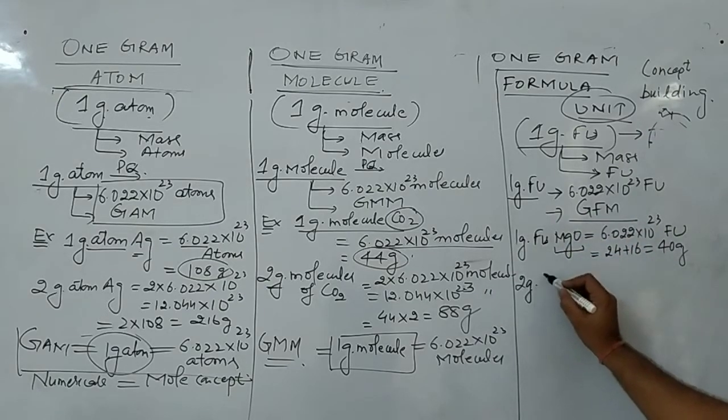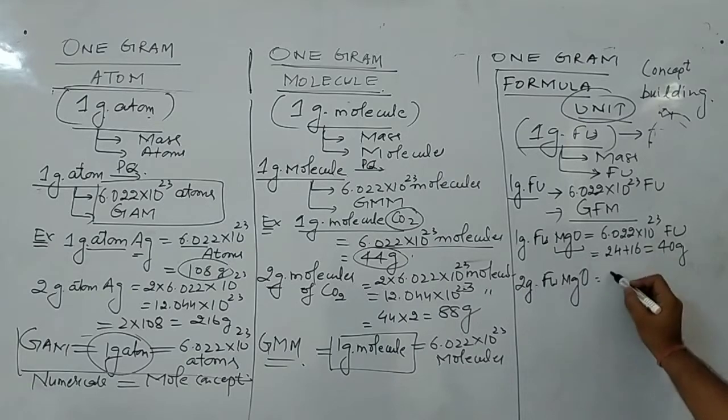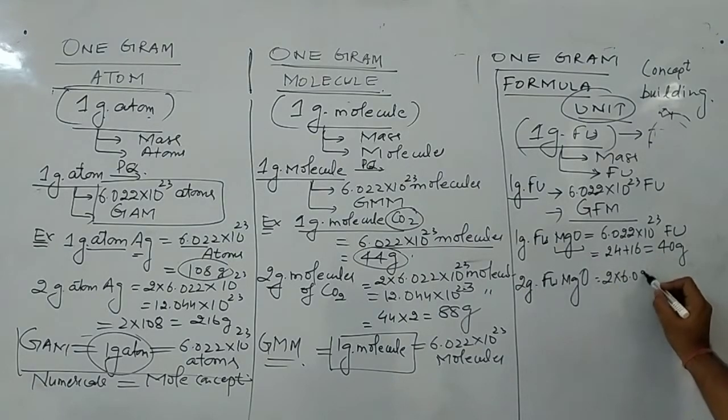If in place of 1 gram formula unit I give you 2 gram formula units of MgO, then this will be 2 × 6.022 × 10^23, which on multiplication you will get 12.044 × 10^23 formula units.